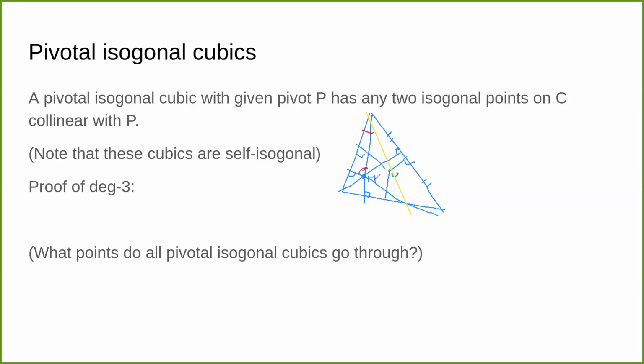You draw this circle, and since H is a reflection of this over this, you can just chase this to this. And since this is 90 degrees, you want to prove that this is the same as this angle, which is pretty easy. It's just angle chasing.